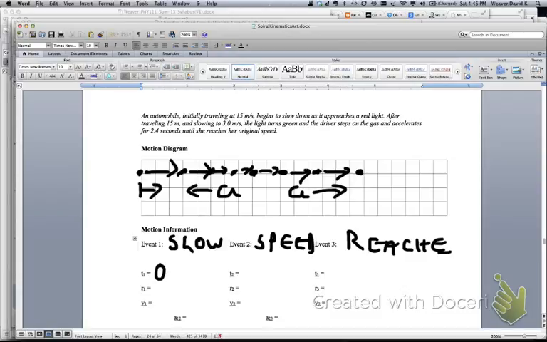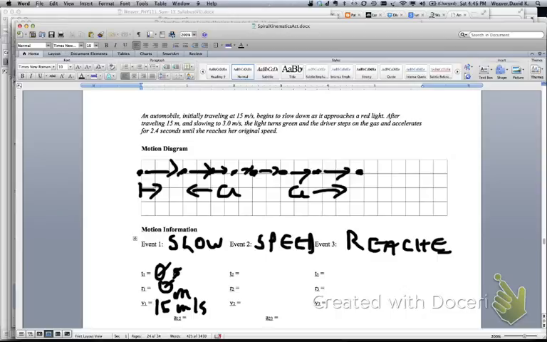So I'll set time 1 to 0, position 1 to 0 meters, and velocity 1 is 15 meters per second. We don't know how long it takes her to slow down.